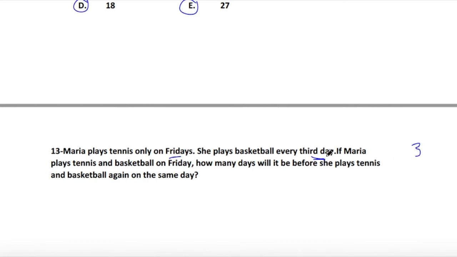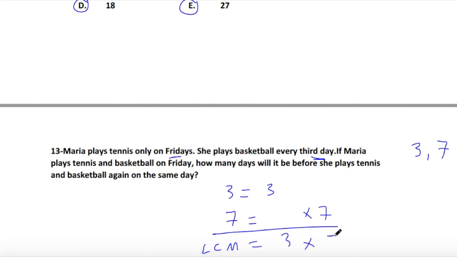On Fridays, so we have each 7. So we have to calculate the least common multiple between 3 and 7, which is 3 equals 3 and 7 equals 7. So the least common multiple equals 3 times 7 equals 21 days. So the answer will be after 21 days.